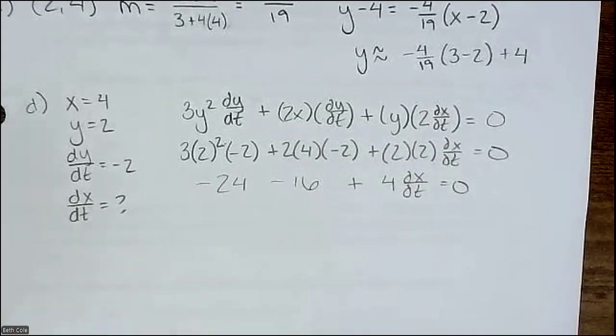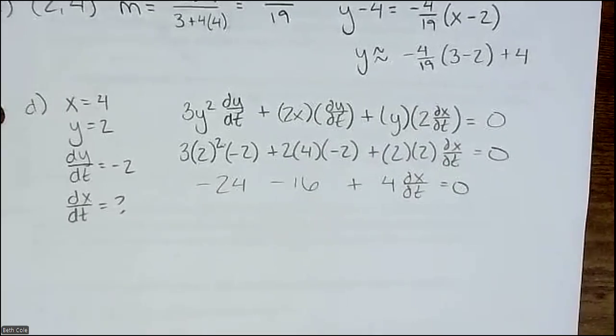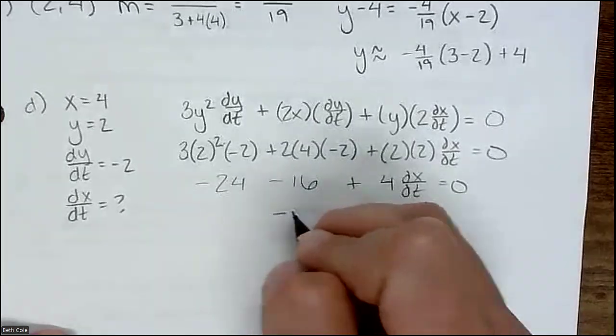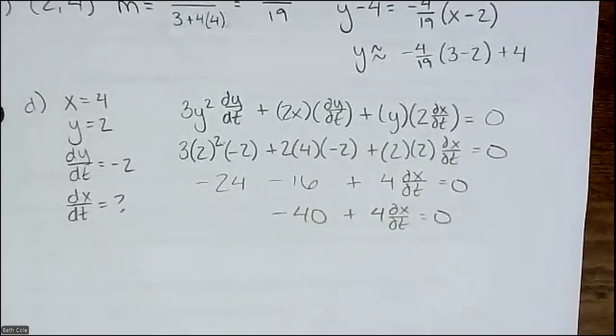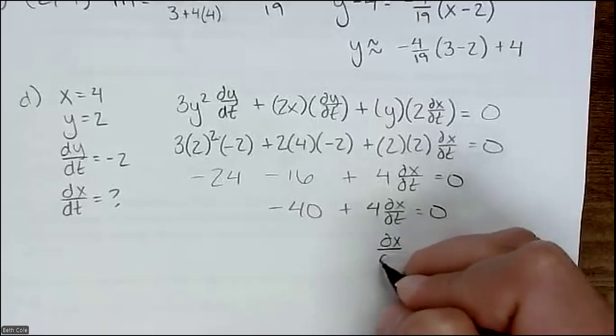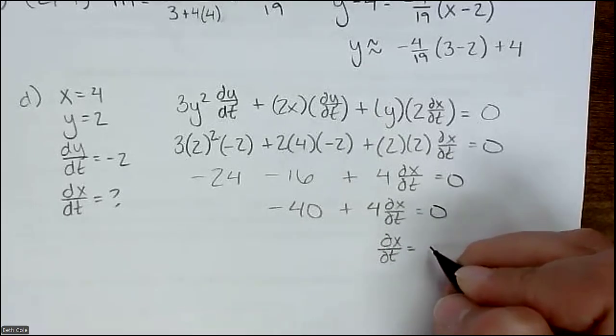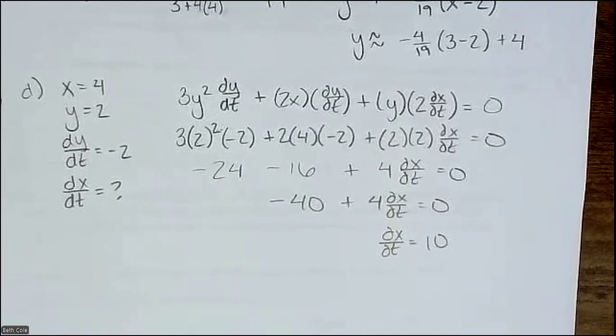So -24 and -16, that would be -40. And then if you solve that, you would add over the 40 and divide by 4. And so what do you get for your final answer here? 10. Perfect.